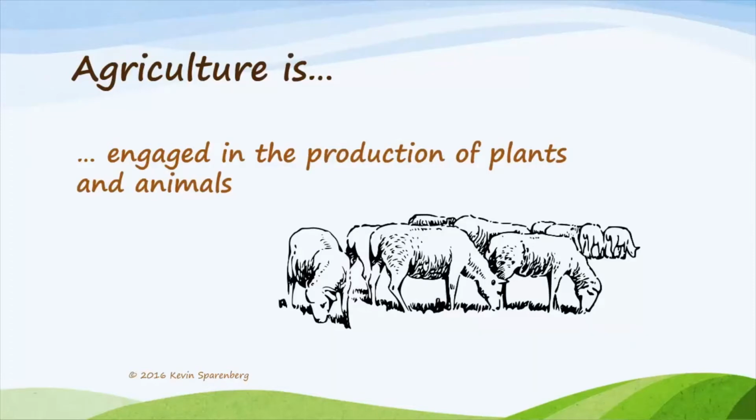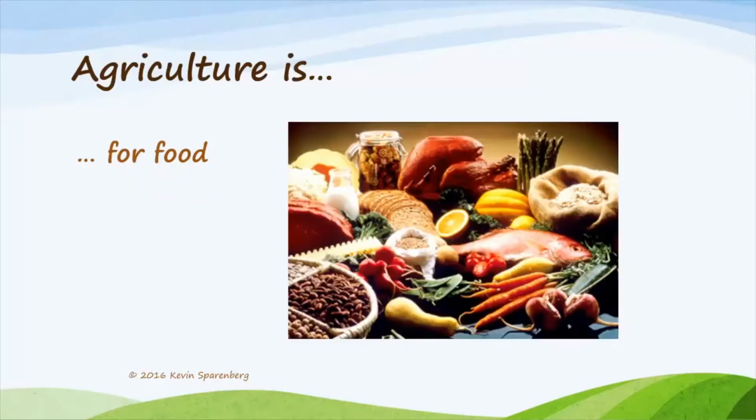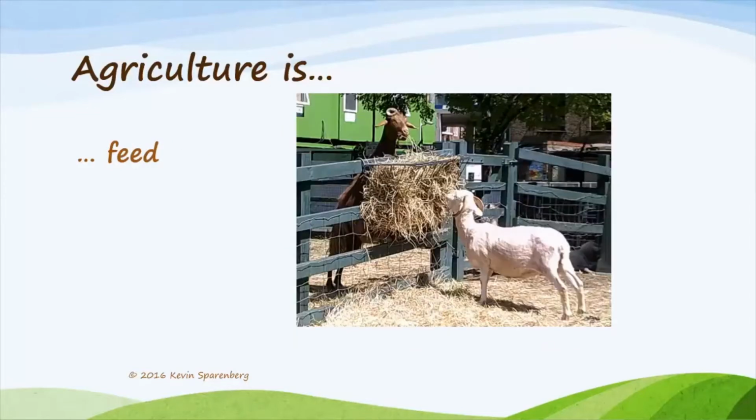Agriculture is engaged in the production of plants and animals. Notice it doesn't say the production of wheat or corn, or the production of pigs or rabbits. We keep it basic with the production of plants and animals. Agriculture is for food. Food is for people. Agriculture is also for feed. Feed is for livestock and pets, and sometimes for our wild animal friends in nature.